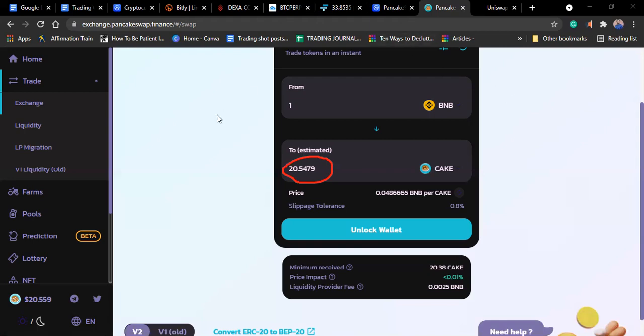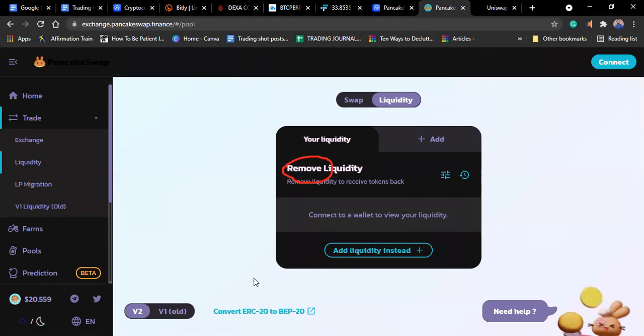Now, another thing people do on a decentralized exchange is what they call liquidity. You can provide liquidity. Now, liquidity means that a decentralized exchange is like a broker. What is a broker? A broker links traders, those that are buying with those that are selling. It connects them. That's the purpose of trading.